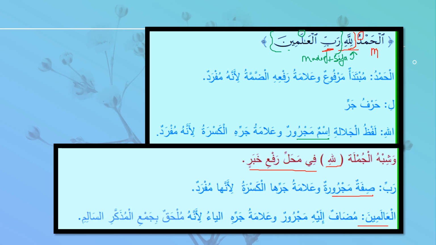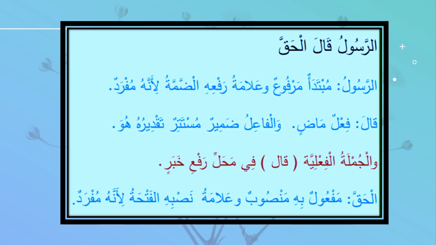And Alamin, as you know, it's mudhakkar mulhaq for the non-livings, playing as a mudaf ilayhi for Rabb. And now you can see it's alamat jarrihi al-ya because it's mulhaq bi jam mudhakkar salim. So here you can see in Arab it's mentioned. This is the last example and the Arab of this video.